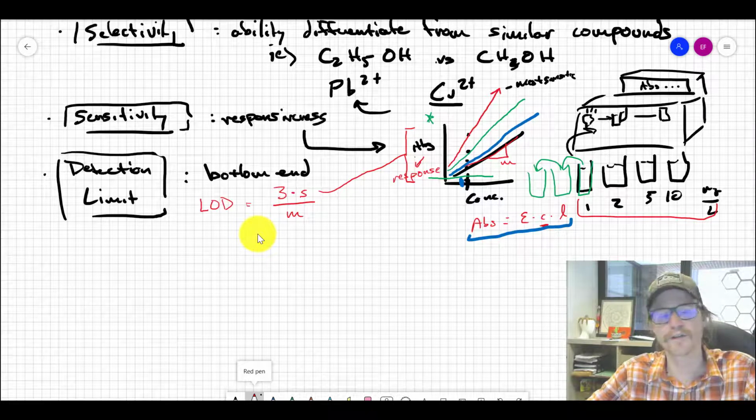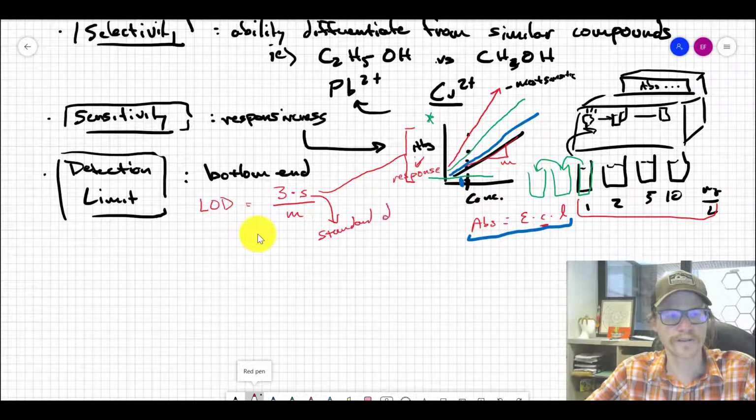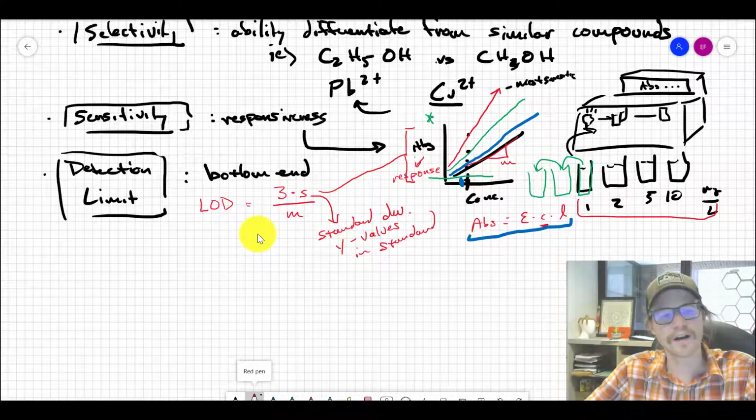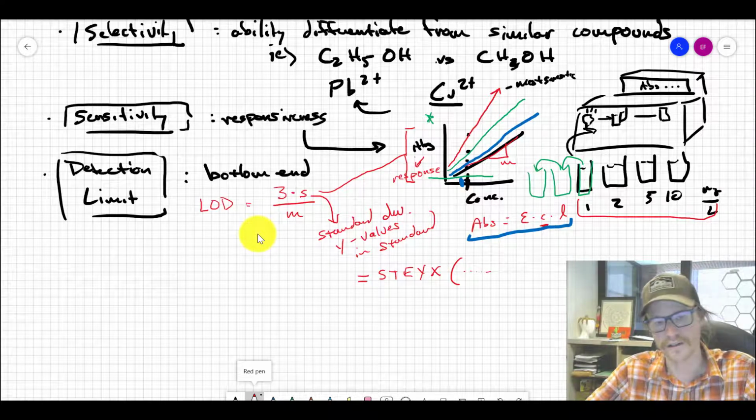That's the computational way to do it. There are several different ways to do that, but this is the easy, simple way. To compute the standard deviation of Y, the Y values in the standard set, in Excel we use the term equals STEYX, parentheses, and then highlight your standard absorbance values in that case.